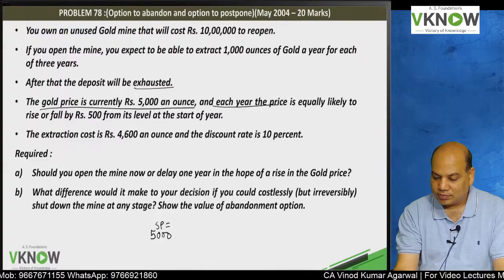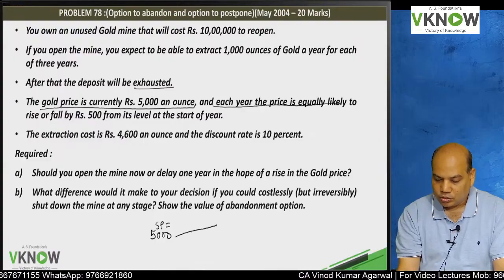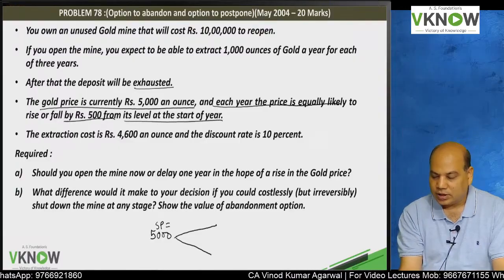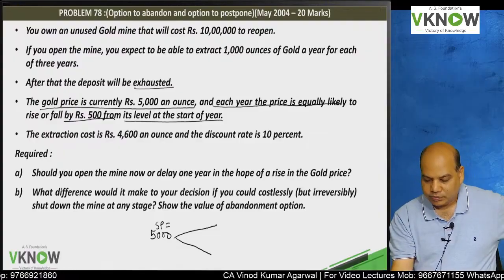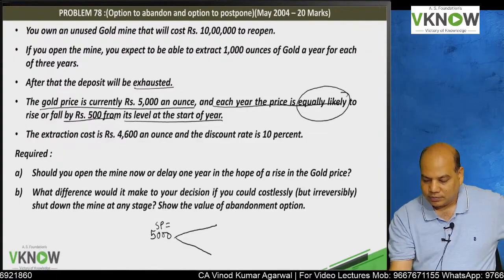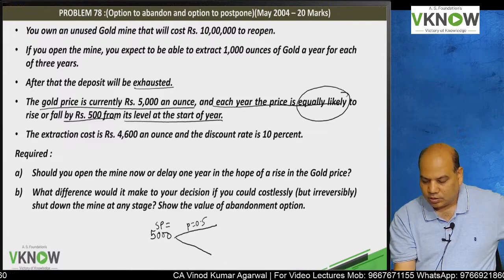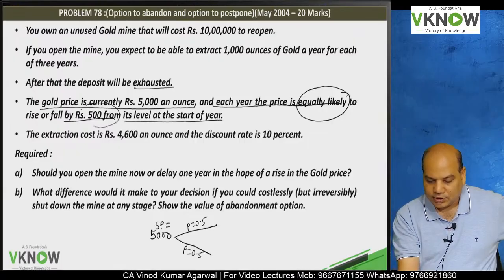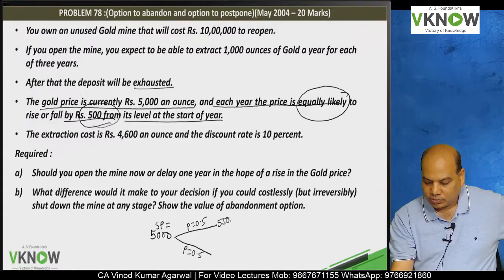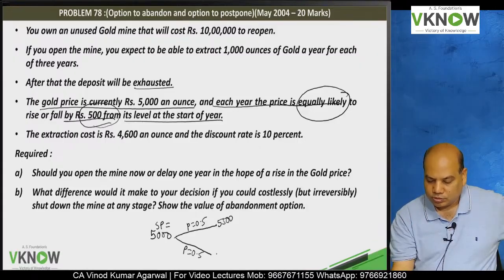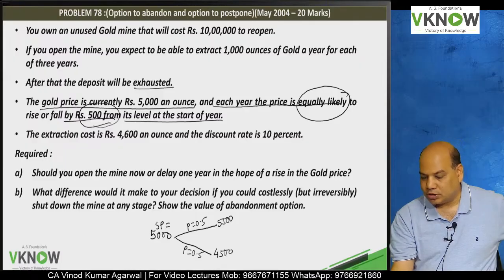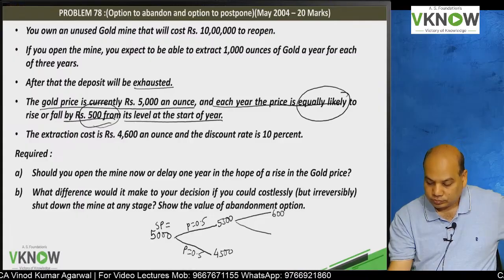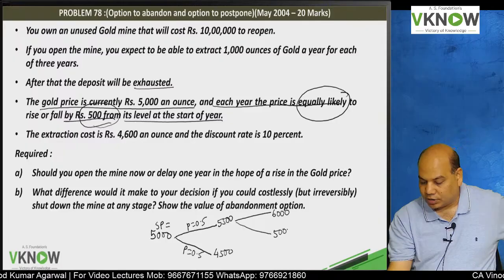And each year the price is equally likely to rise or fall by rupees 500 from its level at the start of the year. What is the meaning of equally likely? It means probability is equal, 0.5, because there are two possibilities. The price can rise by 500, so the price will become 5500, or it can become 4500. If it is 5500, then in year 2 it can be 6000 or 5000.